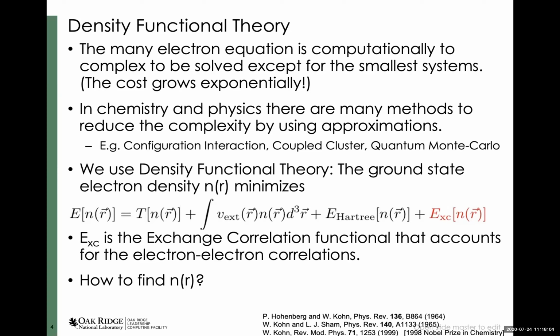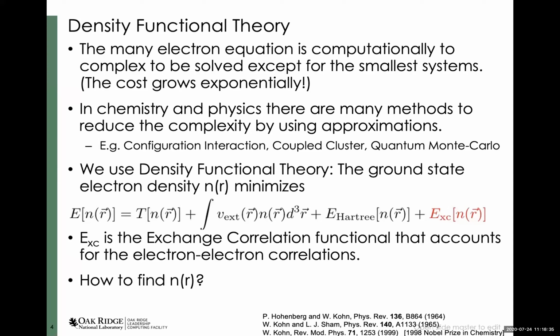I name a few there, like configuration interaction, coupled cluster, or quantum Monte Carlo methods, but all of those are still very expensive and hard to deal with for real materials.